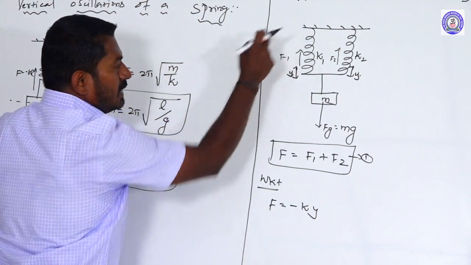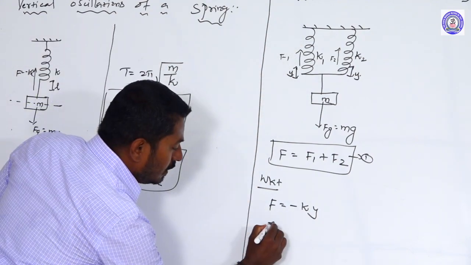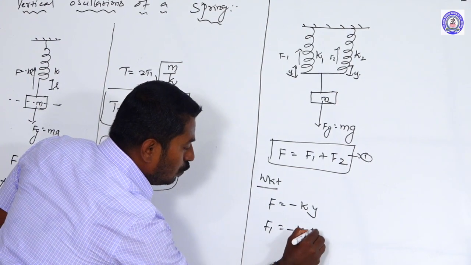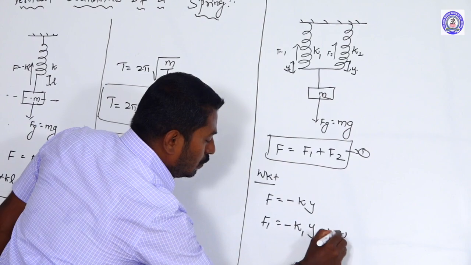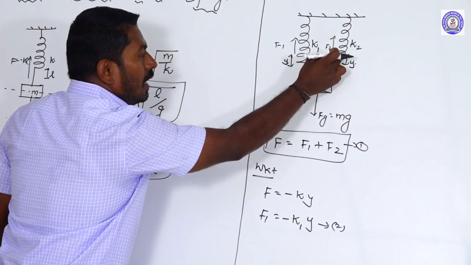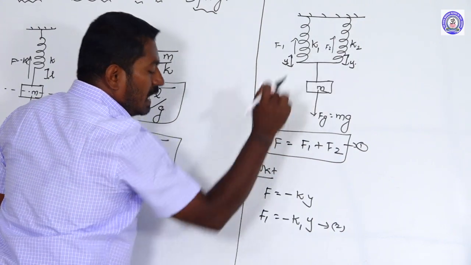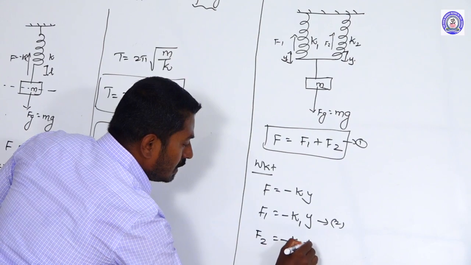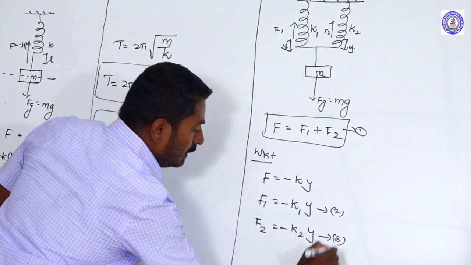The restoring force exerted by the first spring, F1, is equal to minus K1y. Equation number 2. Then the restoring force exerted by the second spring on the block of mass m, F2, is equal to minus K2y. Equation number 3.